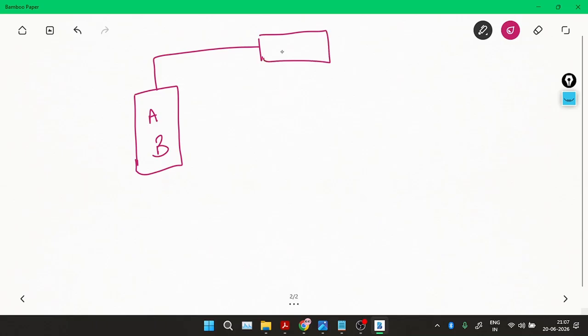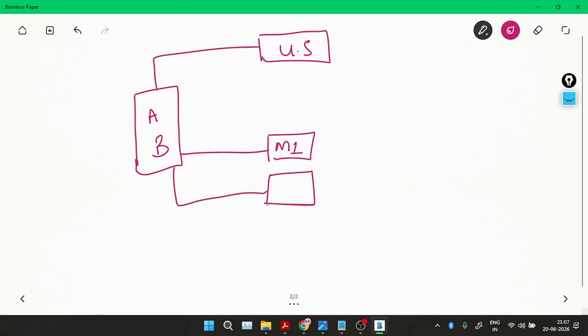So the basic setup is you have the Arduino board, AB, and to this you have connected an ultrasonic sensor, that is US, and in order to generate the output you have motor 1 and motor 2.